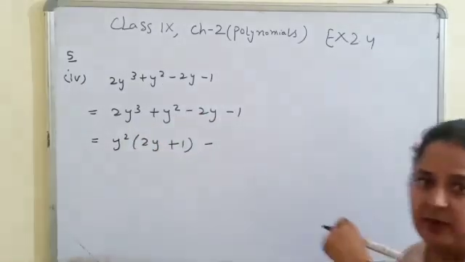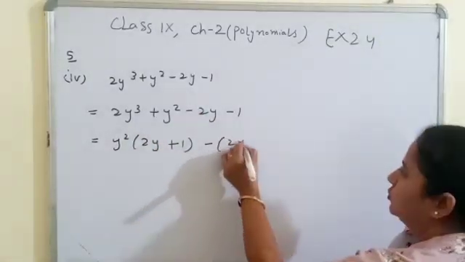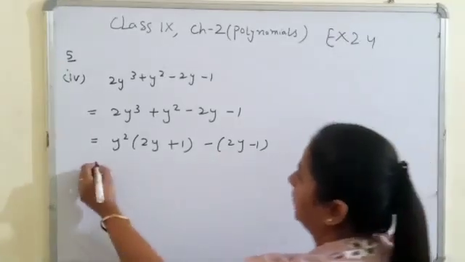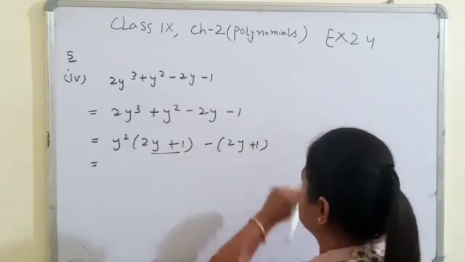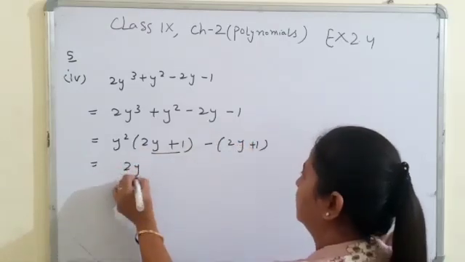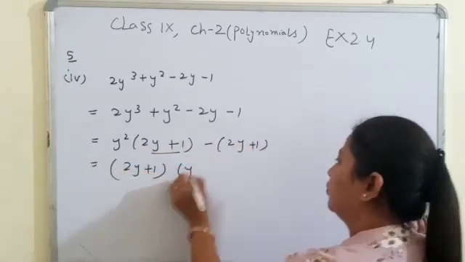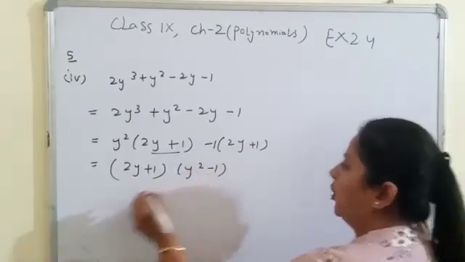From the last two terms we can take minus 1 common, so 2y minus 1. Here is a negative sign, so we change the sign for the fourth term: 2y plus 1 and y square minus 1.